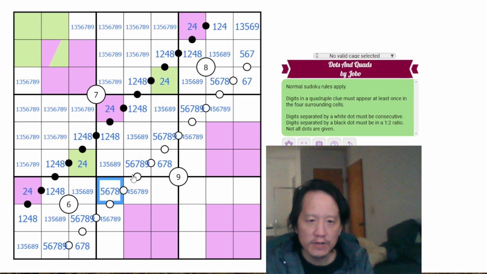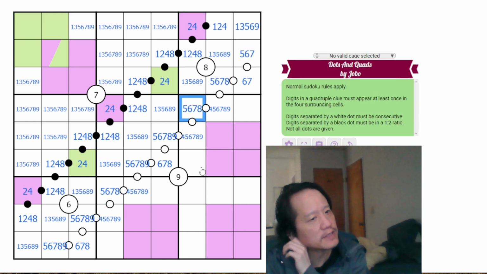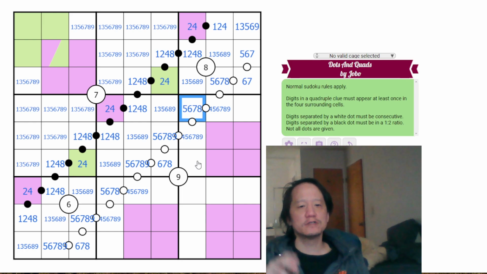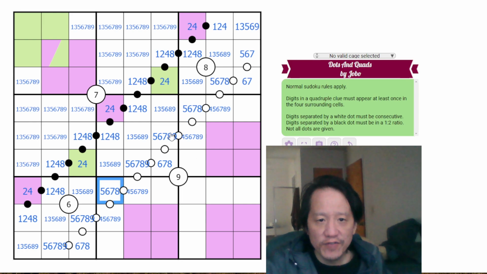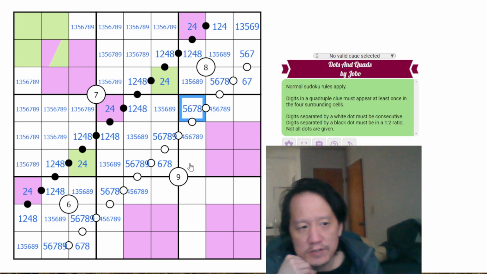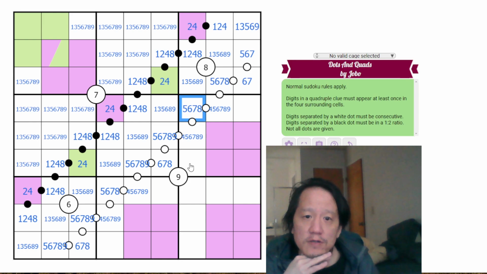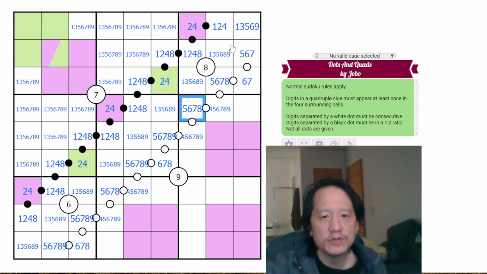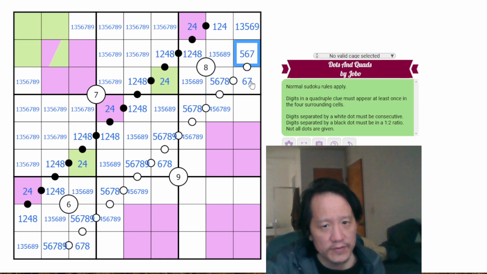This can't be 9 also. This can't be 9 because it has to be consecutive with 2 digits. This could be 5 though, and this could be 5 because 4, 5, 6 does work. So this can be 5, 6, 7, 6, 7, 8, or 7, 6, 5.